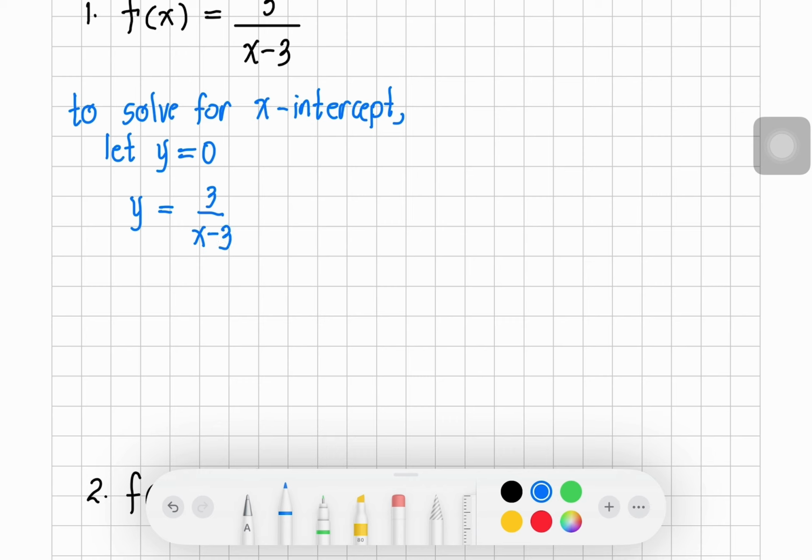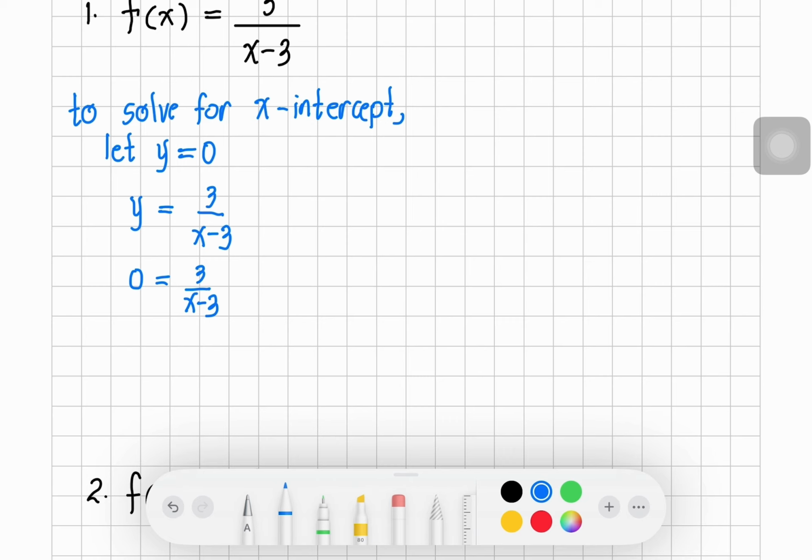Okay? And then, after that, our y will become 0. So, let y be equal to 0. So, it will become 0 equals 3 over x minus 3.